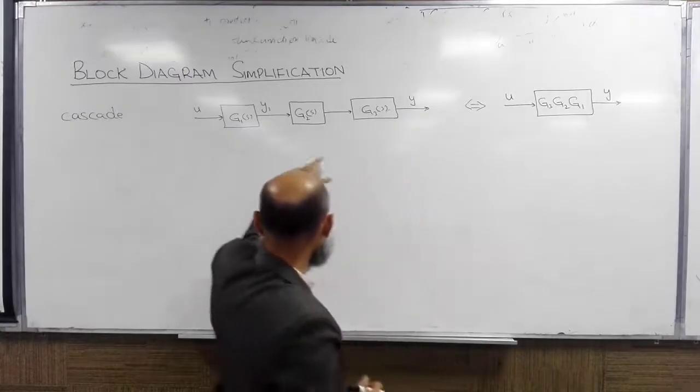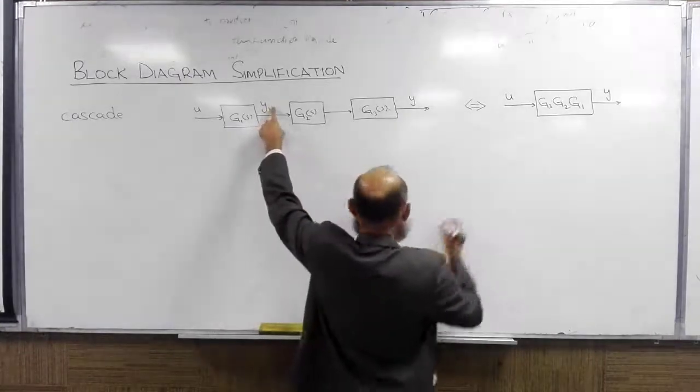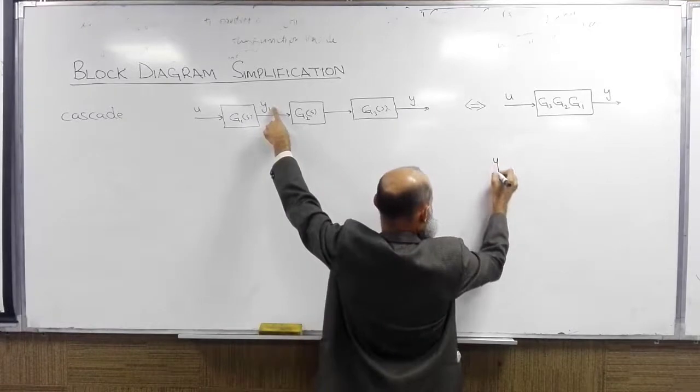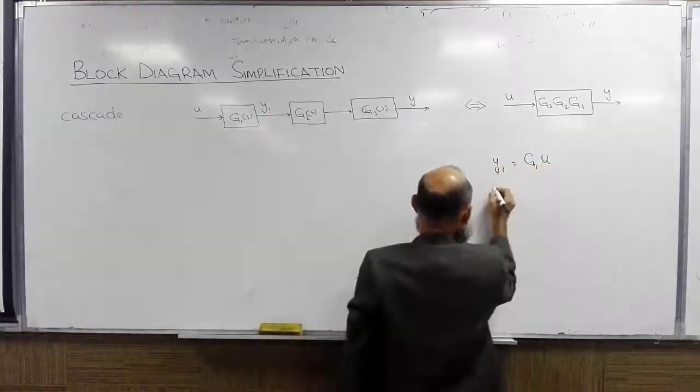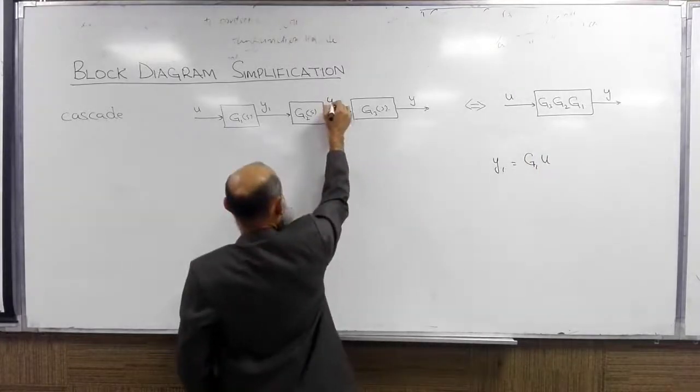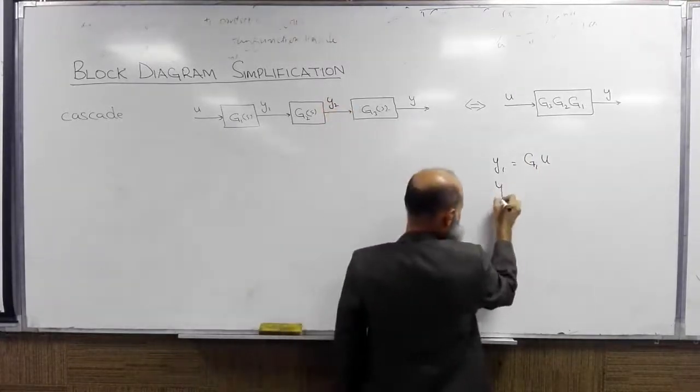That is quite intuitive. For example, the output Y1 for this system is G1 into U. What is this output Y2?